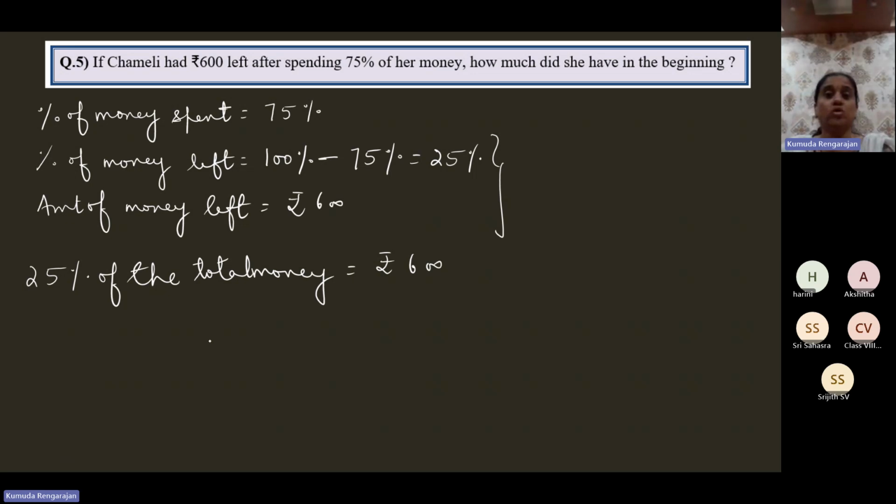The total money is the total money she had in the beginning before spending anything. As a percentage, 25% is left. And as value of money or amount of money, 600 rupees is left. So these two are relevant.